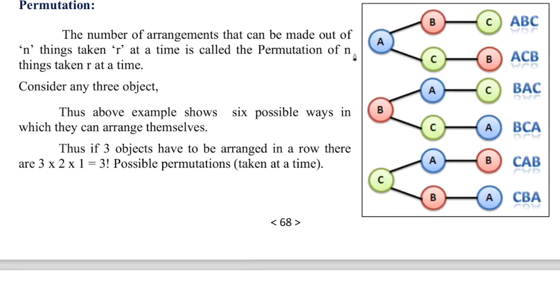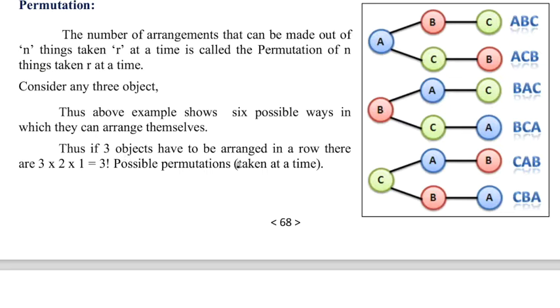What are those possible ways? First, put A in the first place, B, C. Now interchange these two, C, B. And put B in the first place, put A and C, and then interchange A and C. Put C in the first place, write A and B, and interchange A and B. So there are only 6 possible ways.